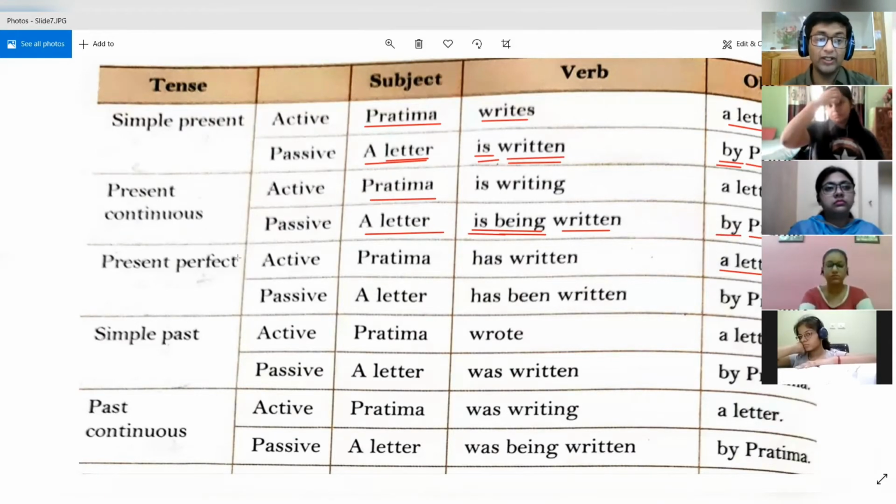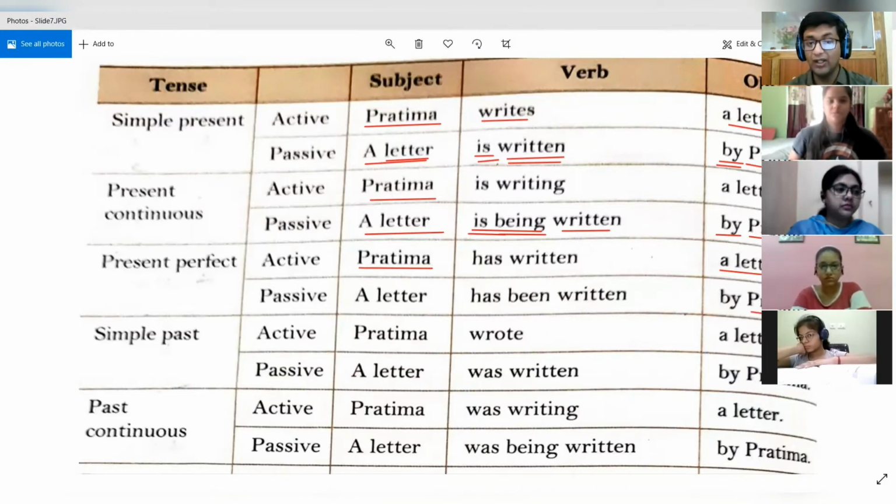All right. Now let's see the perfect form, present perfect form. Pratima has written a letter. Now again, you will find that the position of the subject and object is exchanged. Pratima, which was the subject, immediately moves into the object's position. A letter, that was the object, immediately moves into the subject's position. And has written was there, because the present perfect form of tense is has written, right?